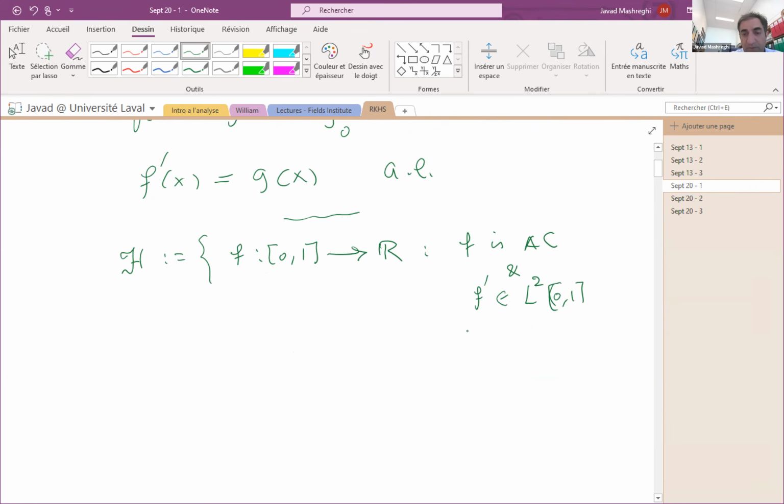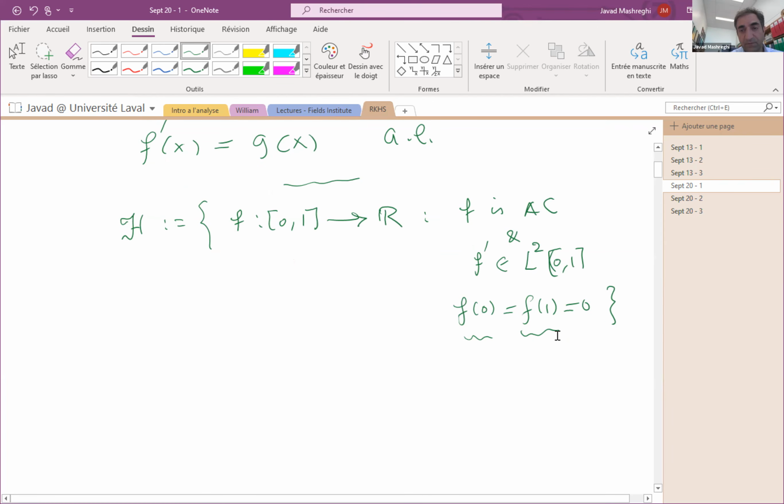And we add two boundary conditions: f(0) equals f(1) equals 0. That's the definition. I will play with these conditions in my second and third example, and even in the fourth one if we have time. We'll see that it has a huge effect on the calculation of K, the kernel.